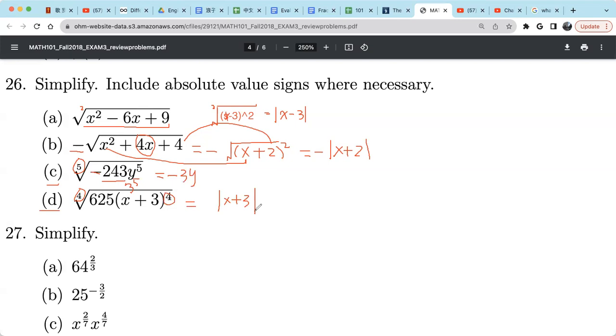We put the absolute value bar around it. Now what about 625? I'm guessing it is 5 raised to the 4th, because 5 squared is 25, and 25 times 25 is 625. So we have 5 times the absolute value of x plus 3.